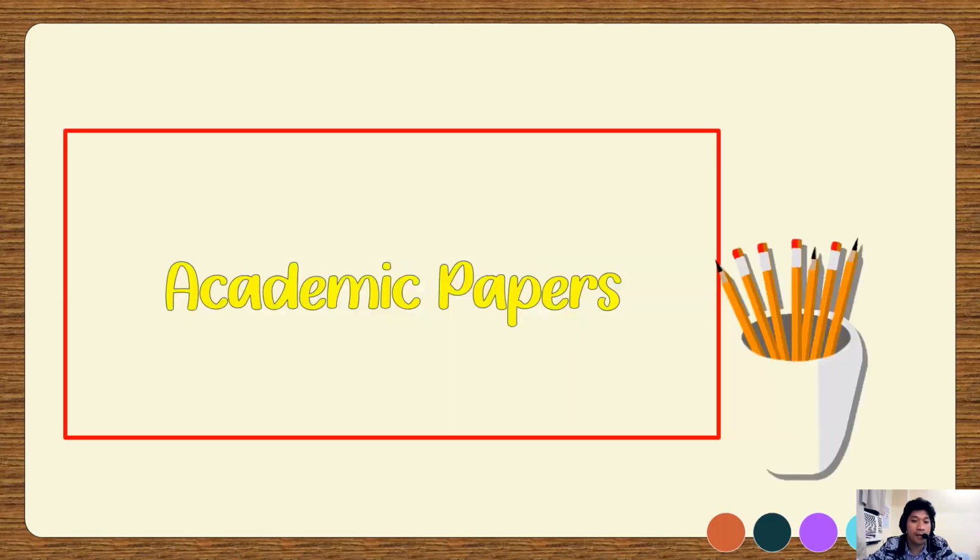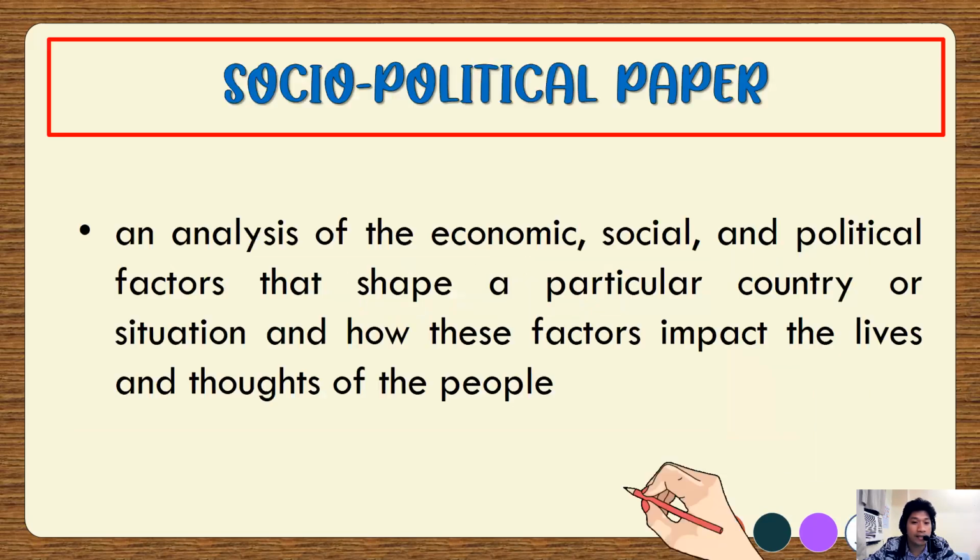Now, these are some of the examples of the academic papers. The first one is the socio-political paper. A socio-political analysis paper can be defined as an analysis of the economic, the social, and political factors that shape a particular country or situation, and how these factors impact the lives and thoughts of the people.